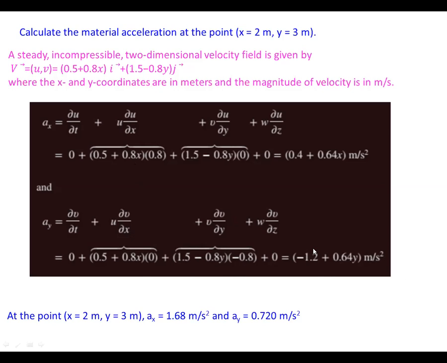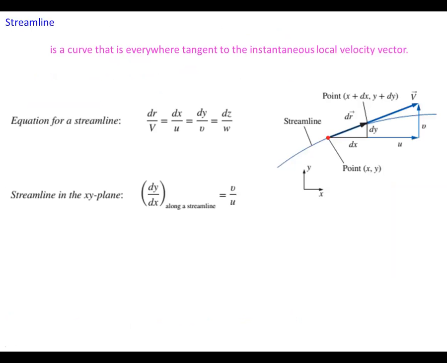That gives a_x and a_y. If the question is asked at a particular point, substitute the x and y values in the equation, so you get a_x equal to 1.68 m/s² and a_y equal to 0.72 m/s².